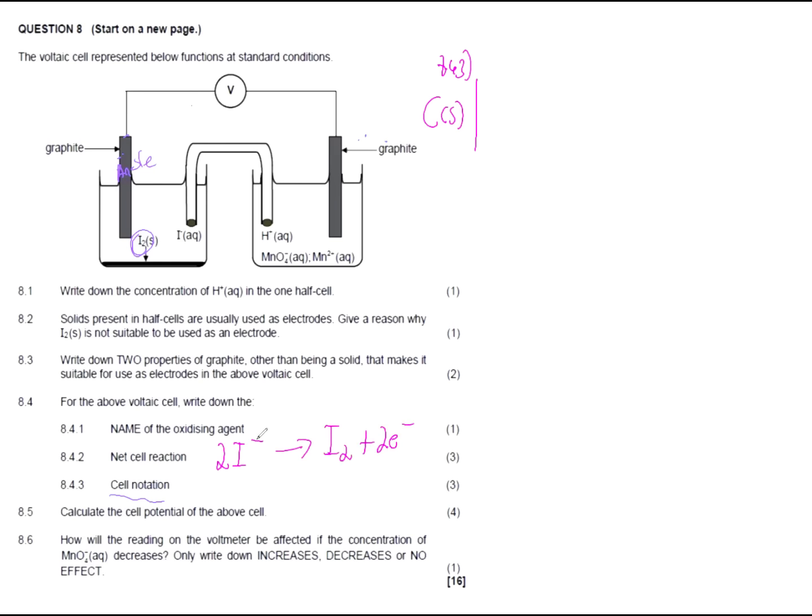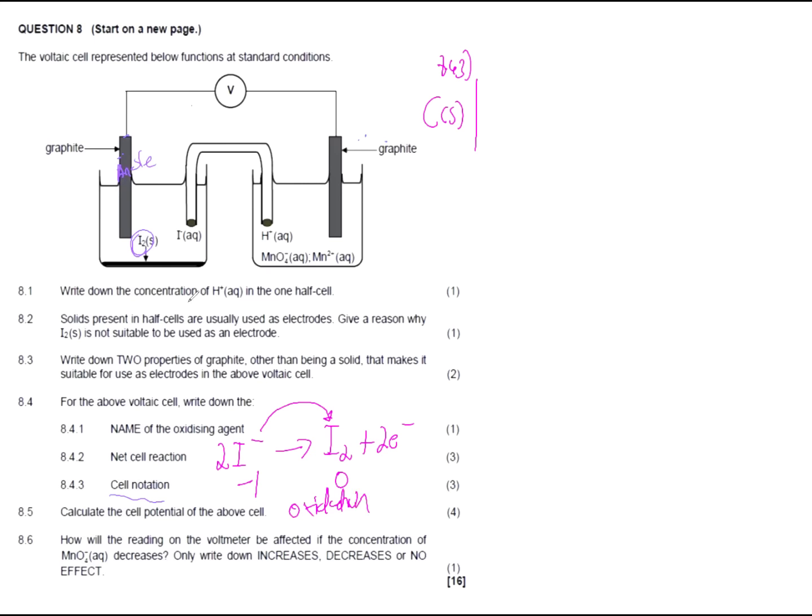So this iodine ion will oxidize, not reduce, will oxidize to this. Because remember, this is from -1 to 0. This iodine atom here has 0 oxidation number, and this has -1 as an ion. So from -1 to 0, that's an increase in oxidation number, meaning this is oxidation.